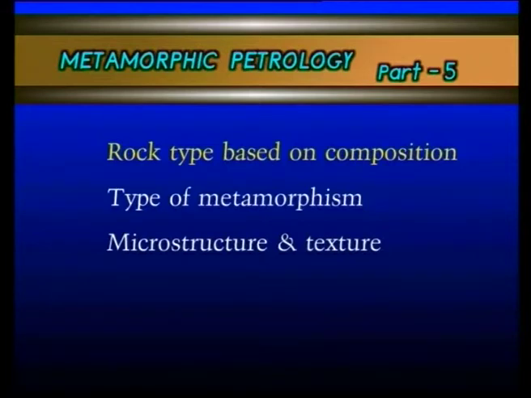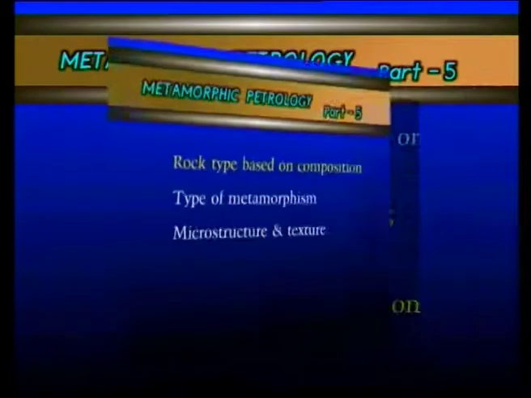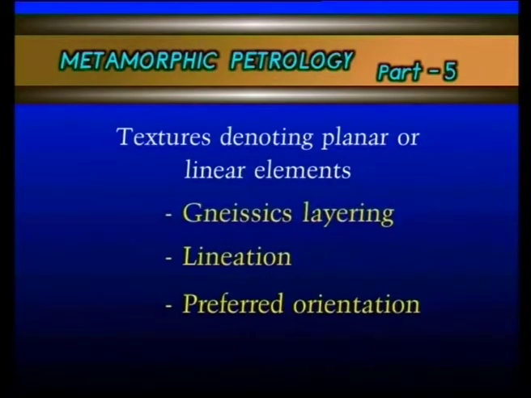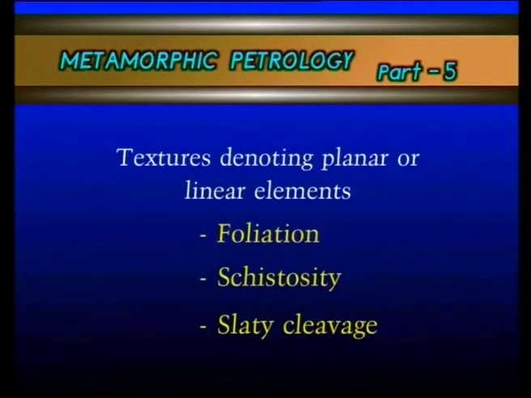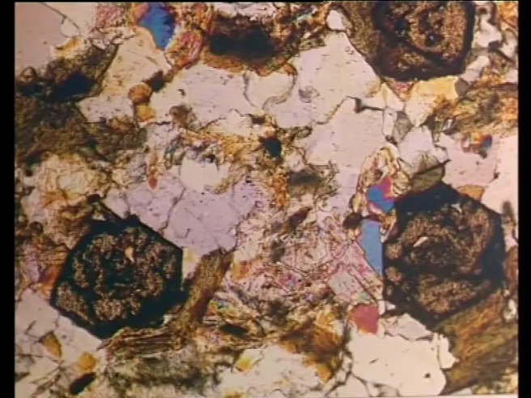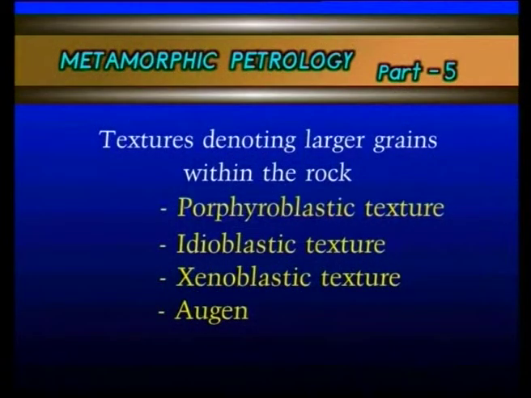And then the microstructures and textures, normally slate, slaty cleavage, lineations, foliations, schistosity, gneissosity and different types of structures based on different conditions of minerals, like porphyroblastic textures, idioblastic textures, reaction rims, intergrowths, etc.